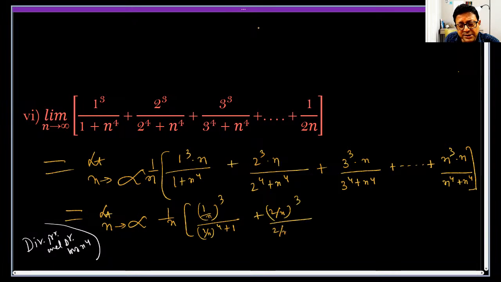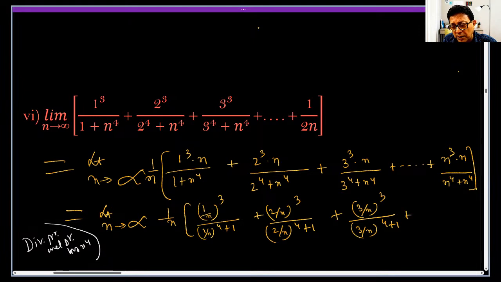Check if any mistake is there in my calculation. Here also by n to the power 4. This way, n by n whole cube by n by n to the power 4 plus 1. You got the pattern.